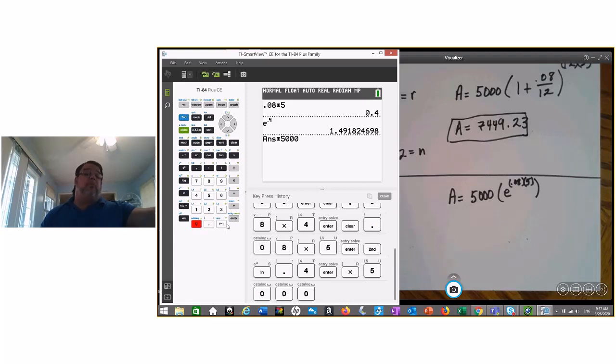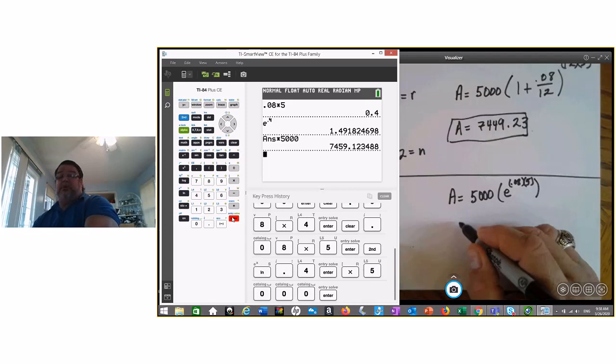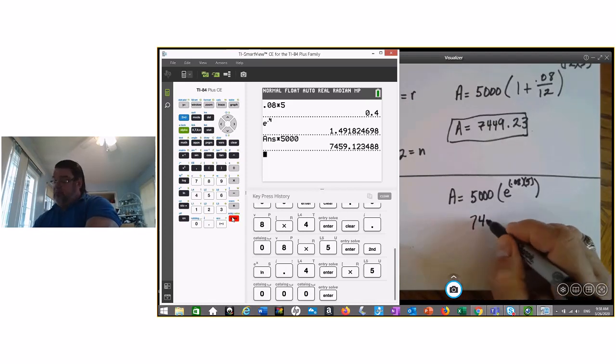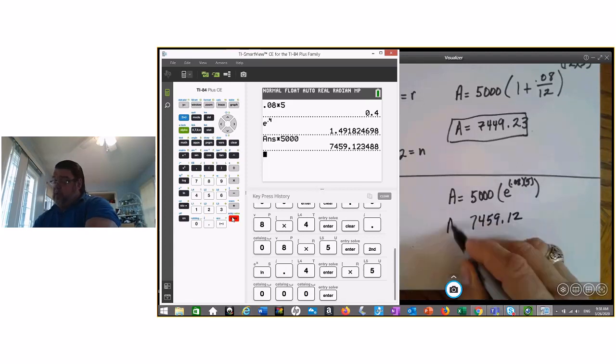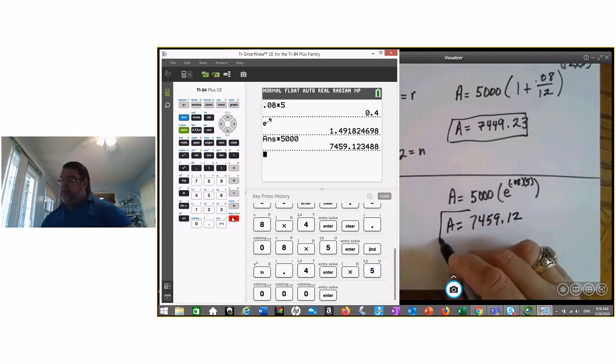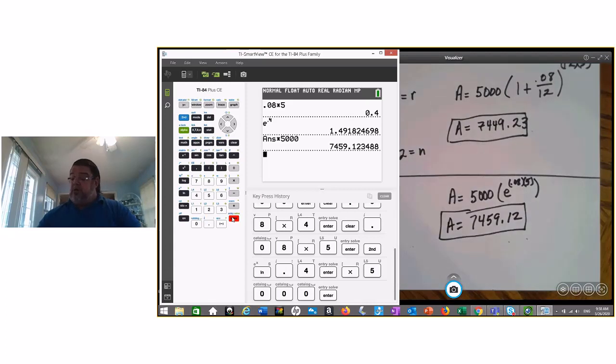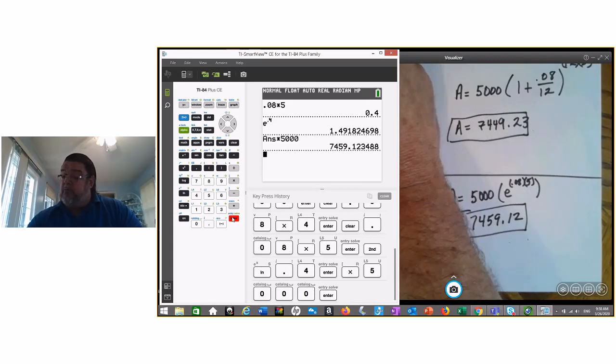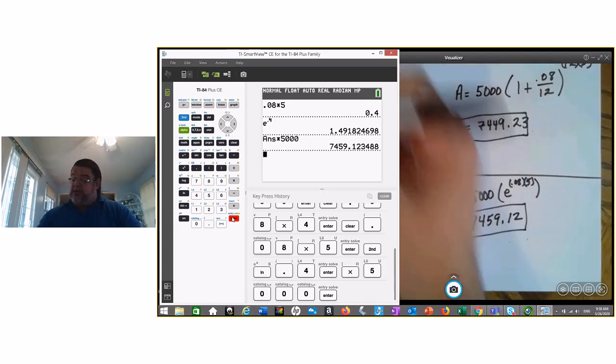Enter. 7459.12. Okay, I'm writing it right now. 7459.12. So that's continuous. So this is compounded, and this is continuous.